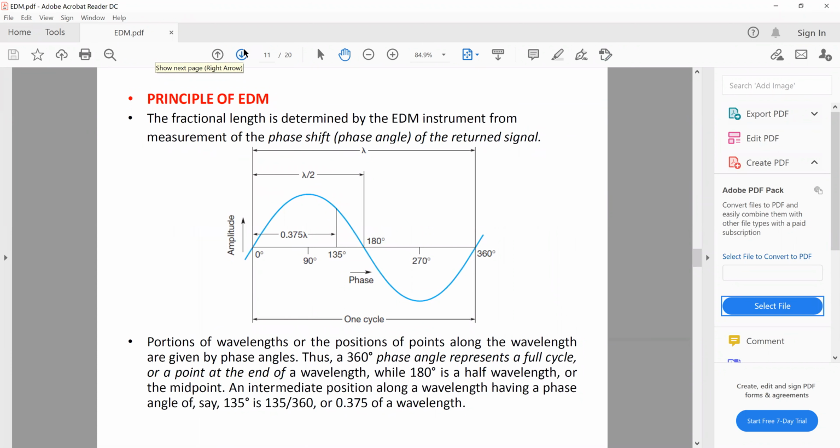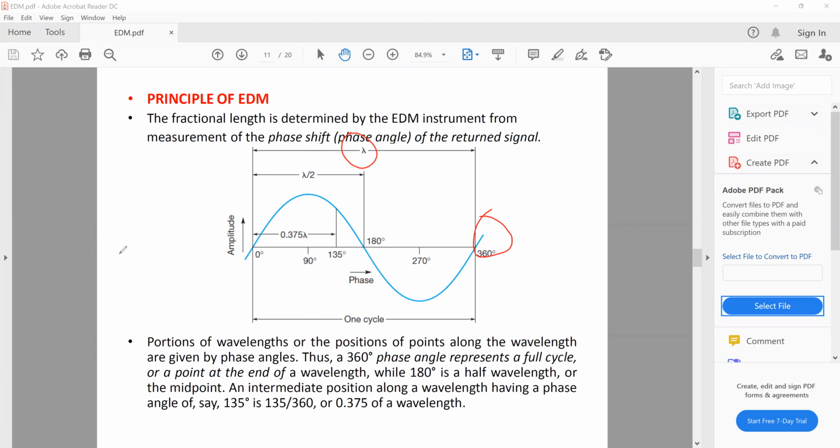So now we'll talk about how you can calculate that partial wavelength. For that, we use this concept of phase shift or phase angle. Basically, the complete wavelength has a phase angle of 360 degrees. So that is this complete wavelength.